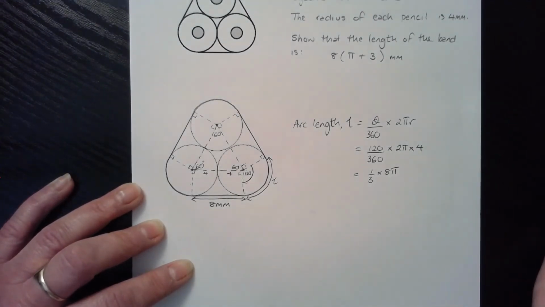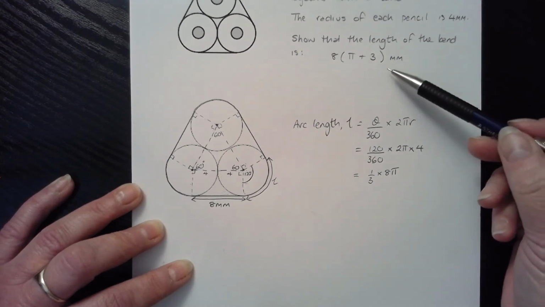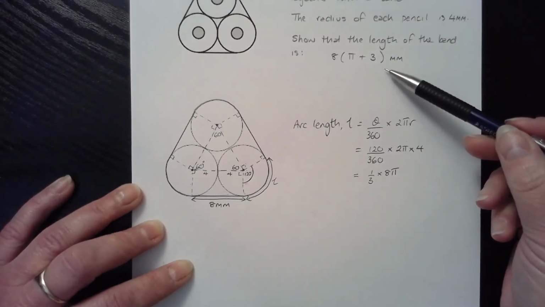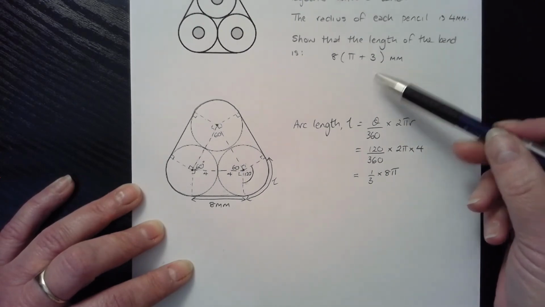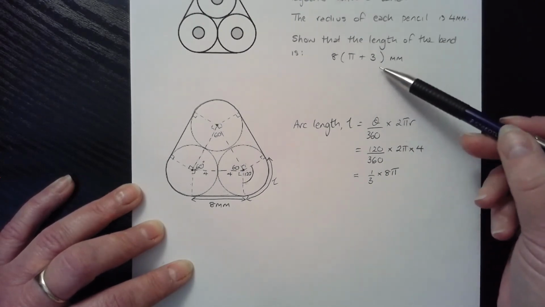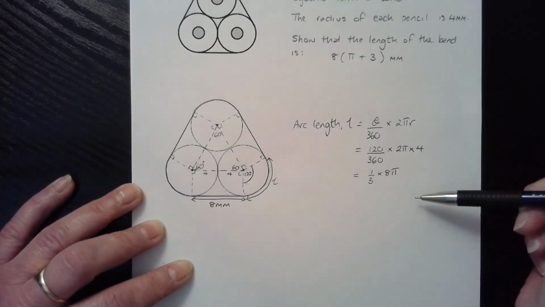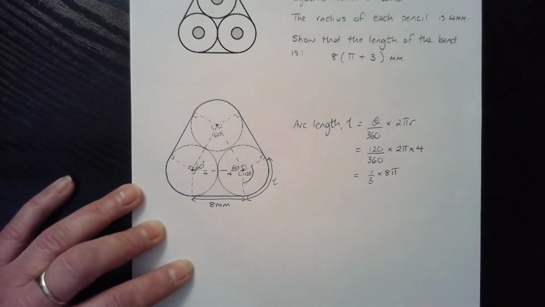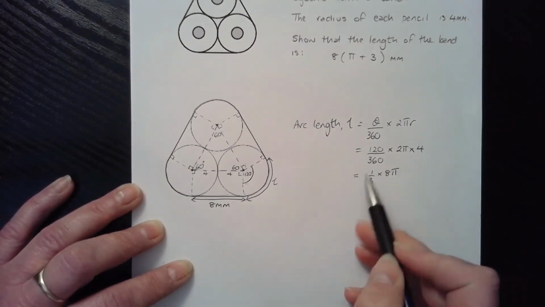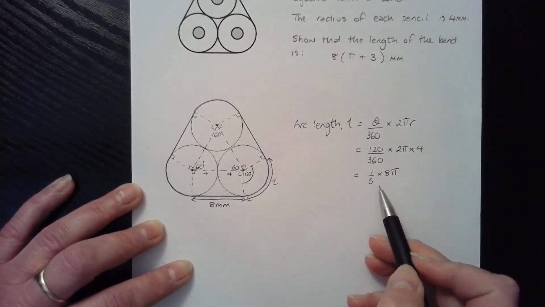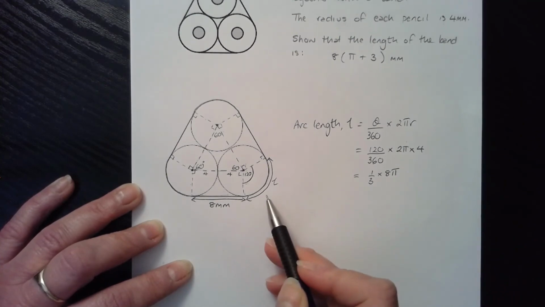Now, you'll notice that my final answer that I need to show is an exact value. Nothing has been evaluated using a calculator, so you don't need to be using a calculator here. So I've got one arc length is 1/3 of 8 pi, and I need 3 altogether.